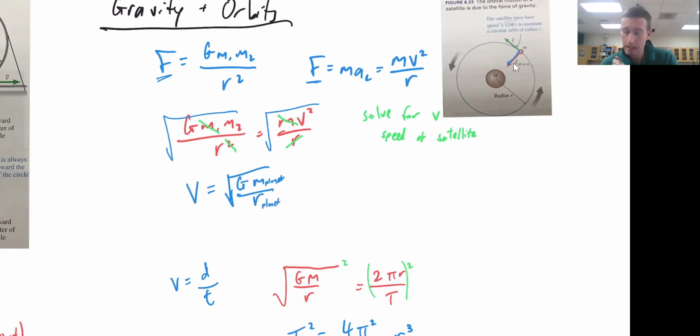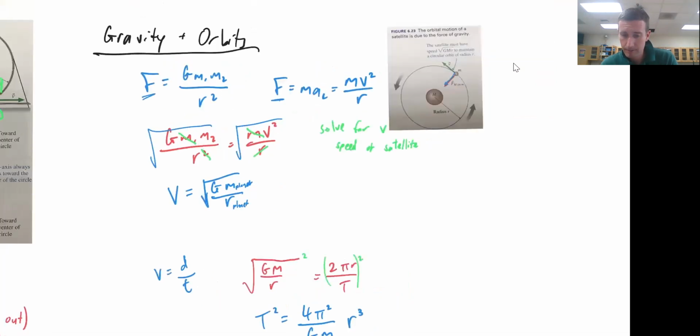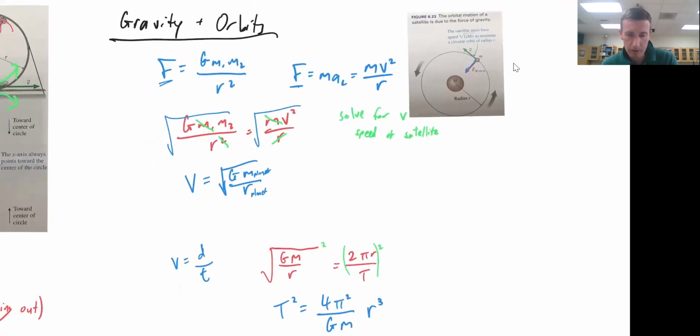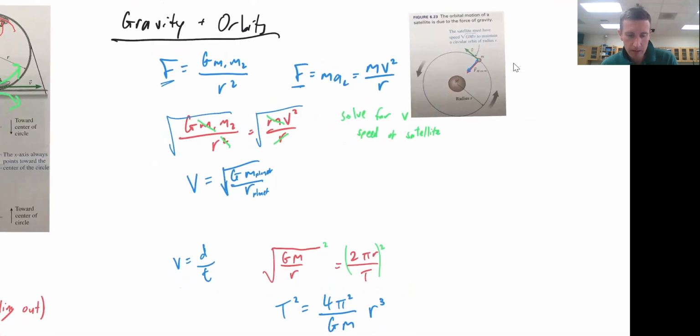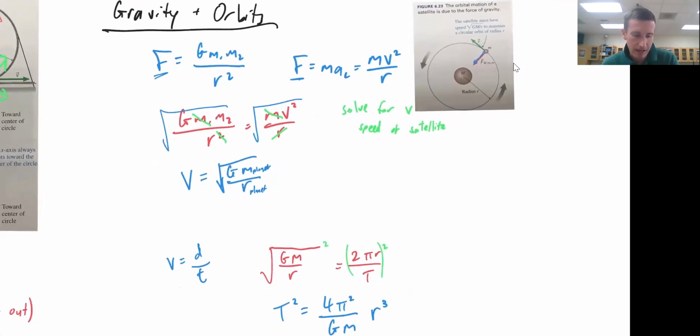Because I've already taken out the mass of the satellite itself. Cool. That looks pretty good. And I guess that should not be the radius of the planet. It should probably be the radius of the orbit, right, to the center of the planet. So I'm actually going to adjust that.